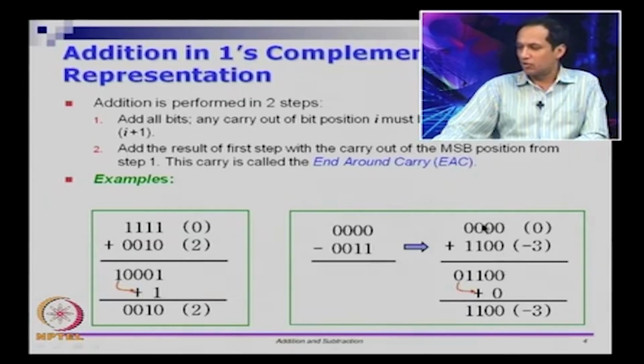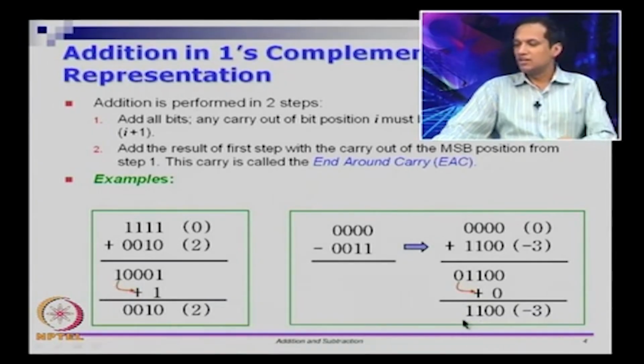Again you add it as before. In this case the end carry is 0, so you add the end carry, and the result is 1 1 0 0. If you go back and interpret 1 1 0 0 in ones complement form, it is negative 3. I want you to quickly do that before we go to the next slide and convince yourself that it is minus 3. The way to do that is to note down the most significant bit. If it is 1, the result is negative.